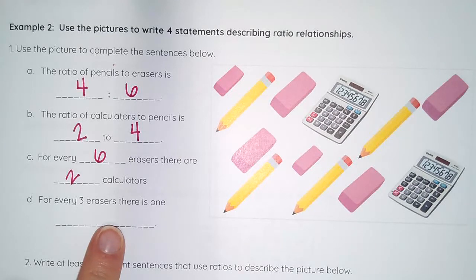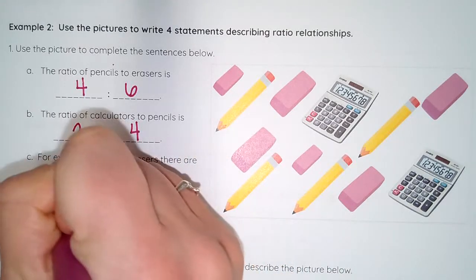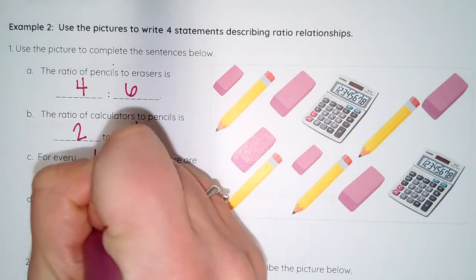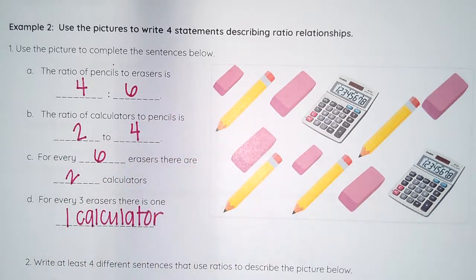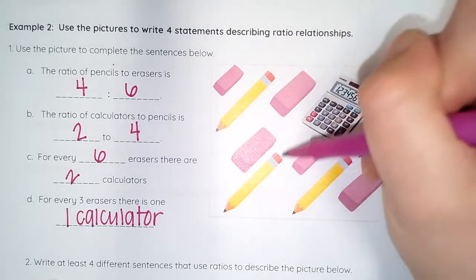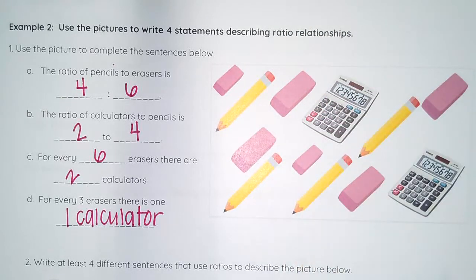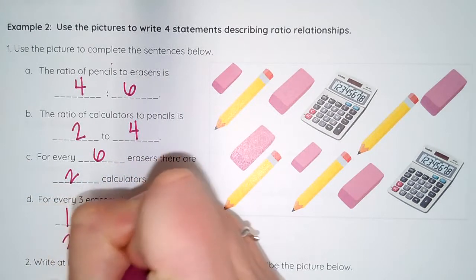If we have only 3 erasers, how many calculators would we have? Good, we would only have 1 calculator. Or for every 3 erasers, we have 2 pencils. It's kind of like you're splitting that picture in half. So either option would work here.